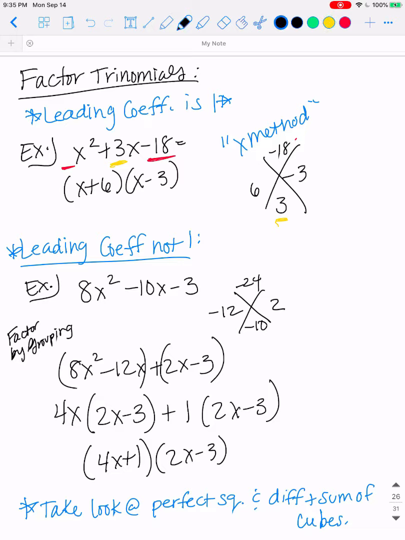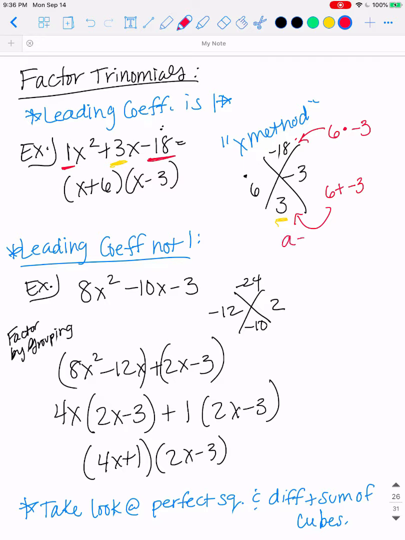Usually when this coefficient is 1, it's just 1 times whatever this coefficient is. So we have negative 18 on the top and 3 on the bottom. The goal is for this number, so 6, we want 6 times negative 3 to equal negative 18. But then we want 6 plus negative 3 to equal the bottom term.